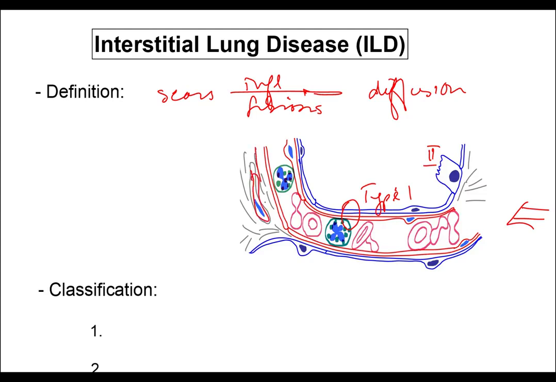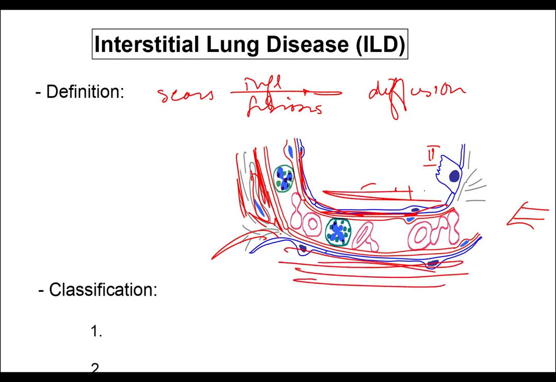Here's a fibroblast here, and so we're going to start to see all this proliferation of fibrosis, which is ultimately going to end up between that epithelial and endothelial cell. And so you think of this as being a scarring inflammatory disease that's going to give us really, really thick alveolar walls, and that's what's going to create that diffusion barrier. So that defines all of our interstitial lung diseases.